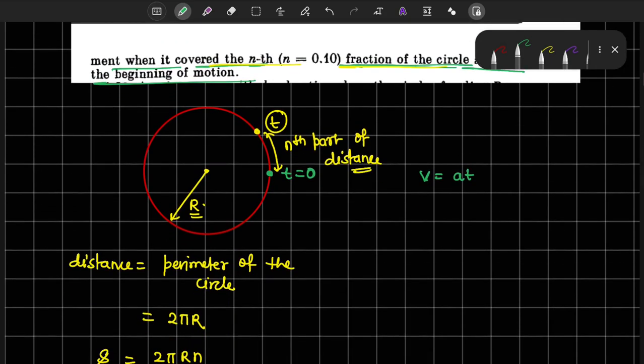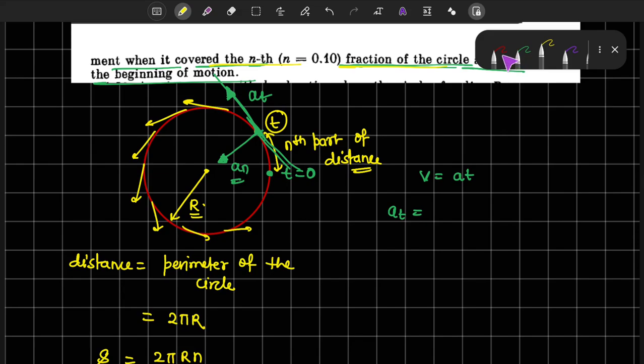Okay, so we have to find out the tangential and normal component of acceleration. So at this particular time instant, this is the tangent, so the tangential acceleration will be in this particular direction. Let us represent it by at, and the normal acceleration will be towards the center. Let us represent it by an. The tangential acceleration we can write as the derivative of the velocity in the tangential direction, and we know that at any time instant the velocity will always be in the tangential direction.